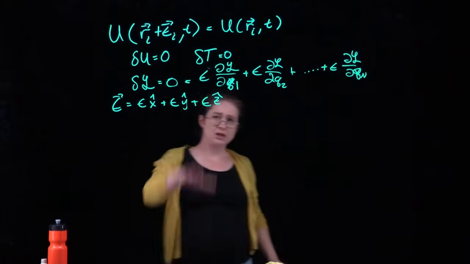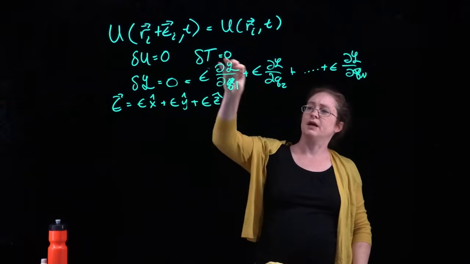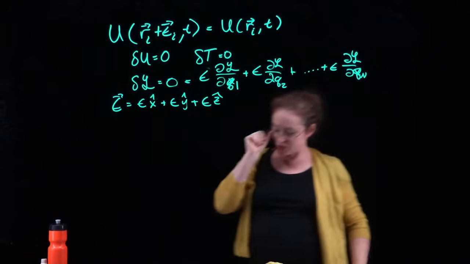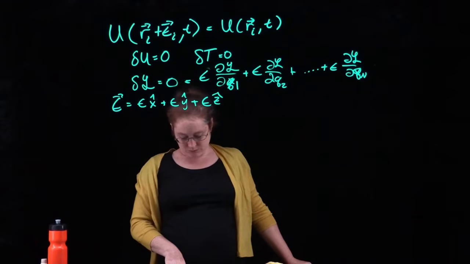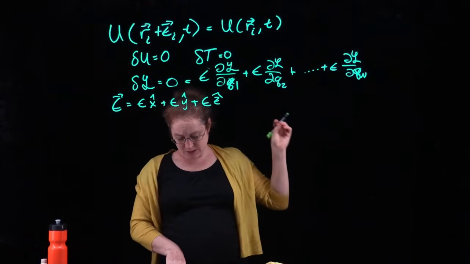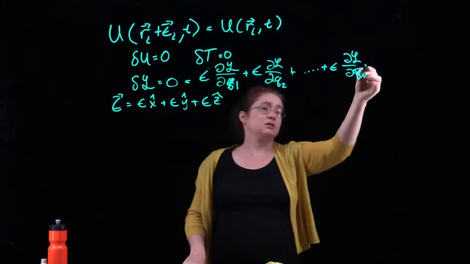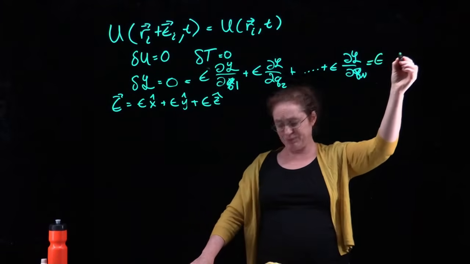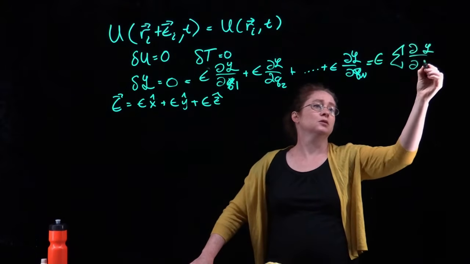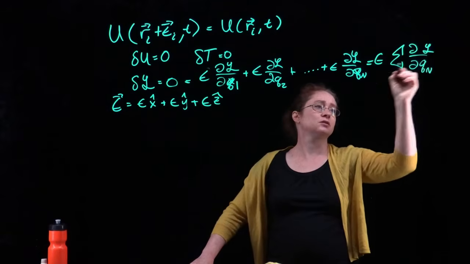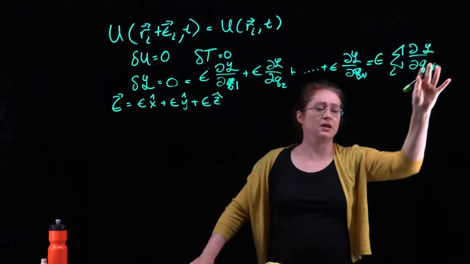So the Lagrangian will be shifted by however much each of these changes. And then this implies that, so this I can write as epsilon plus the derivatives times the derivatives of the sum of the qi.